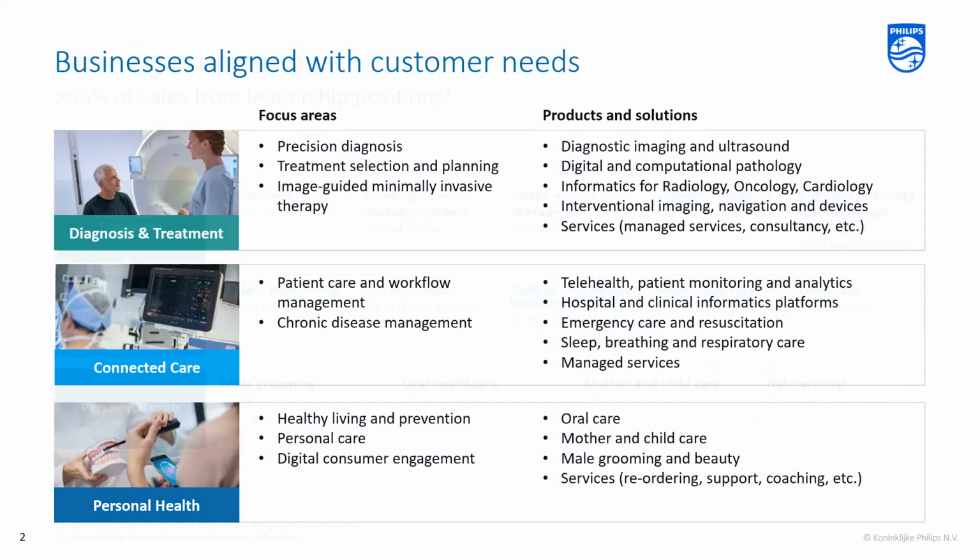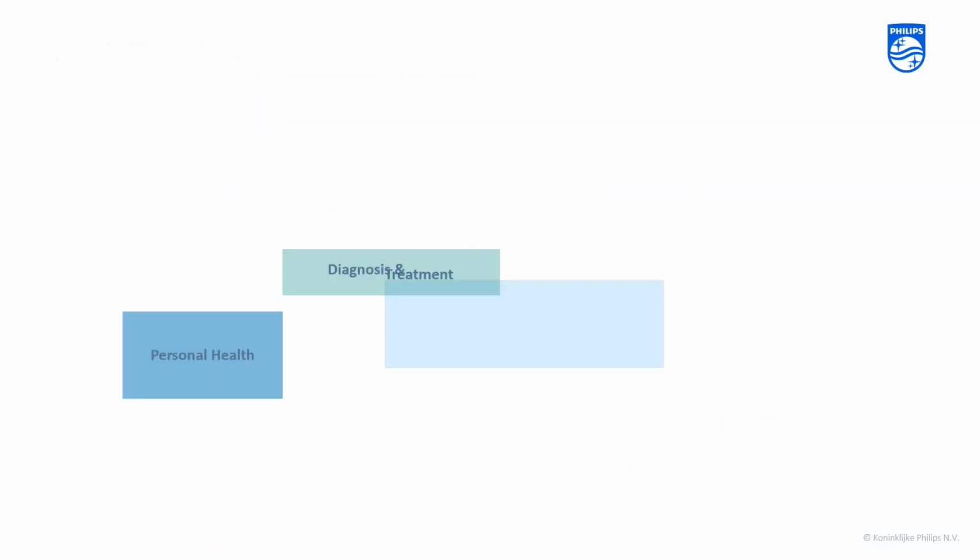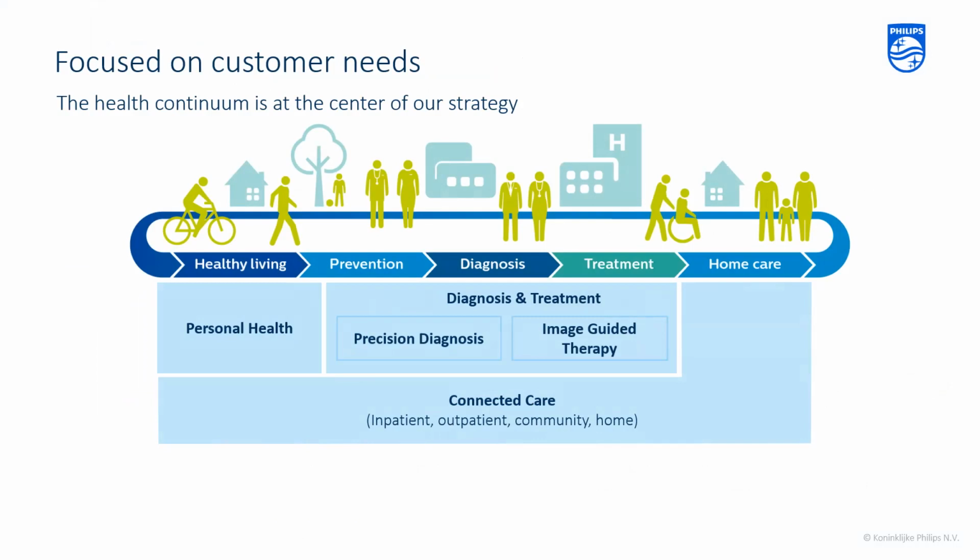We like to look at health as a continuum. We are covering many different phases of the health journey of people. We have healthy living, and all the stages of being chronically ill, being in home treatment, being in a hospital, and we want to see that as one system.